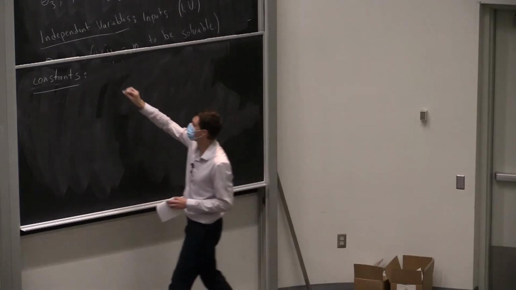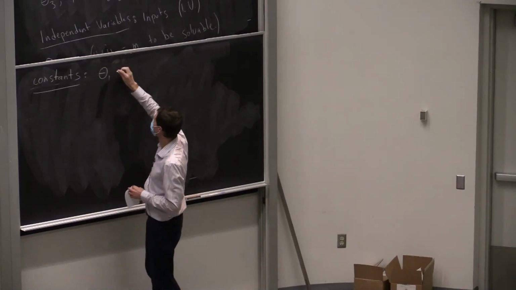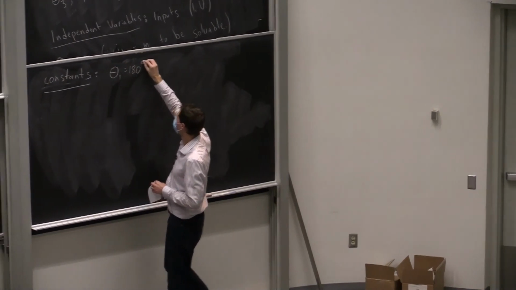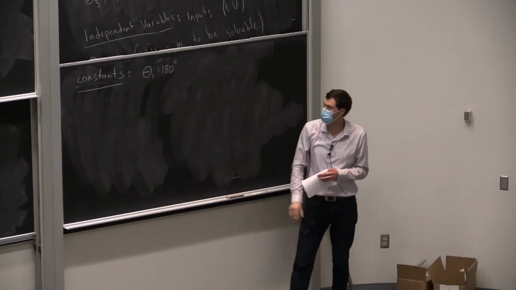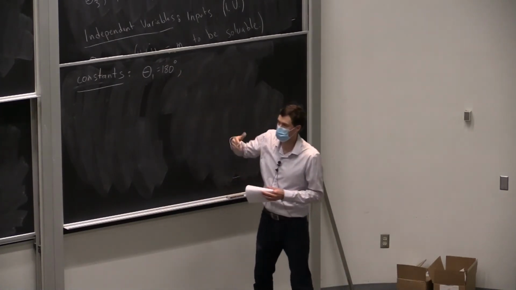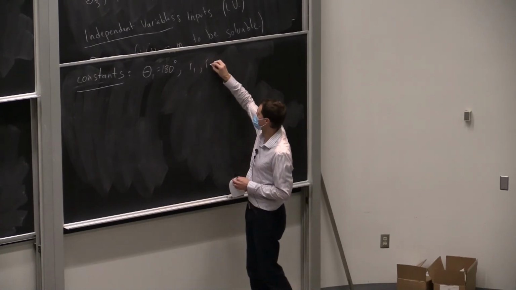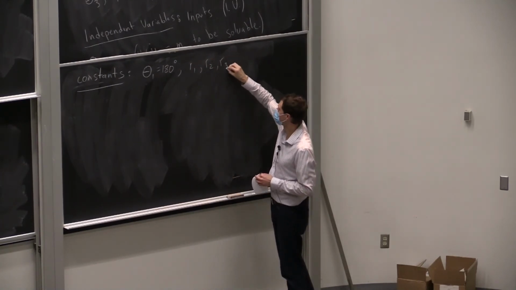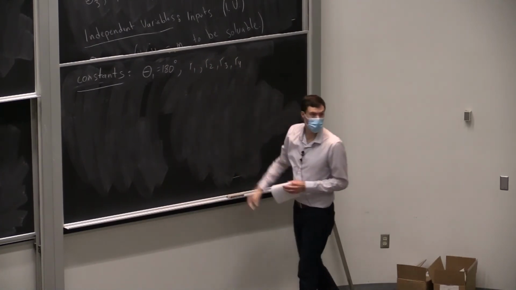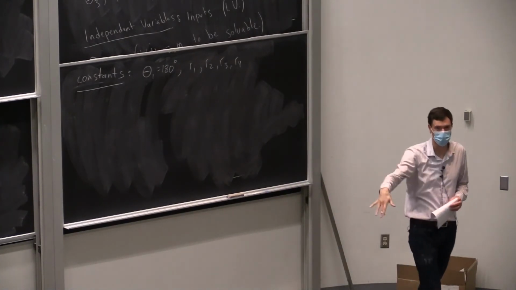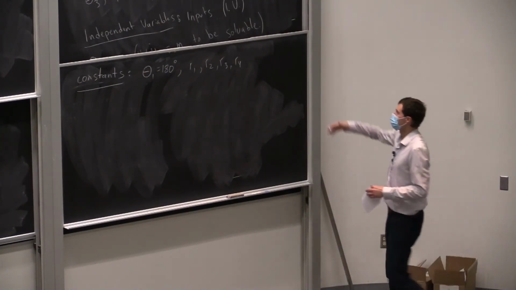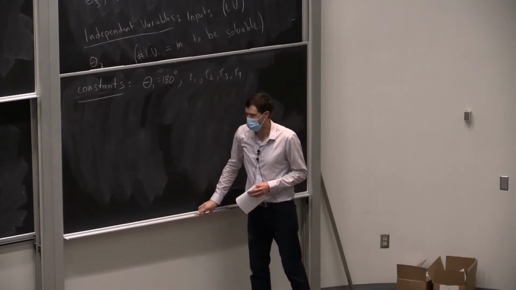Theta 1? We knew that was 180 degrees. It's fixed. What else is constant? In this mechanism, all of the R values, the lengths of all those vectors, we know they're constant. So we're going to put them in a separate list of constants, and those will not be independent or dependent variables.